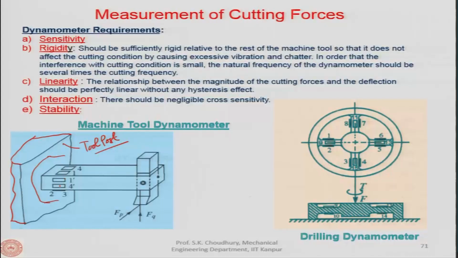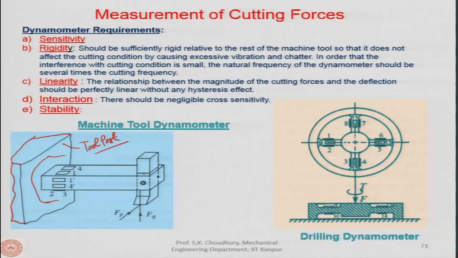They do not use strain gauges, because of their disadvantages that I already told you: those wires can be torn somewhere, or they do not work in a high temperature environment. So, the piezoelectric elements are used in the dynamometers, and these can be the piezoelectric elements, all right.